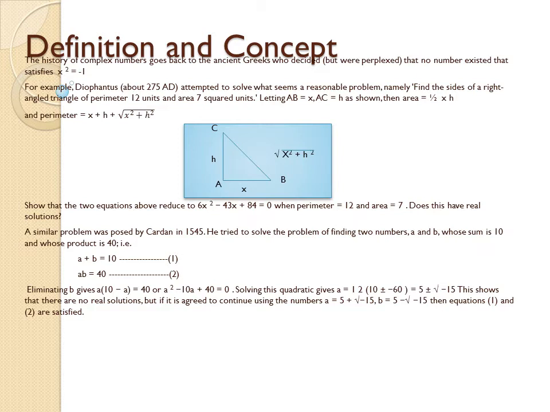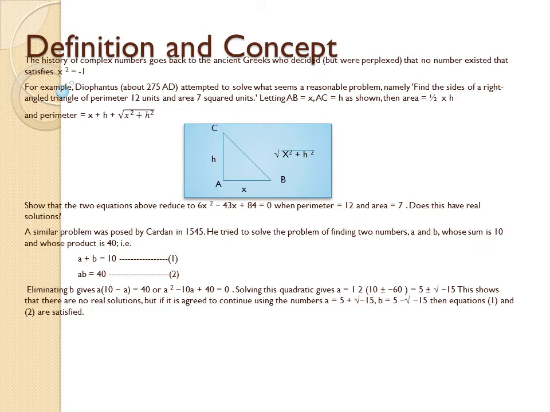Solving this quadratic equation gives a equal to, by the quadratic formula, minus b plus minus root over b square minus 4ac by 2a. So 10 plus minus root over minus 60 by 2, this is coming as 5 plus minus root over minus 15.